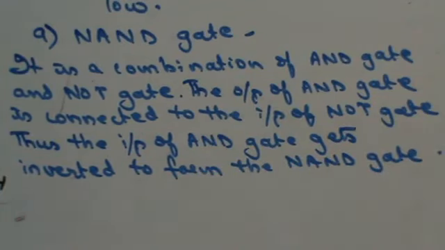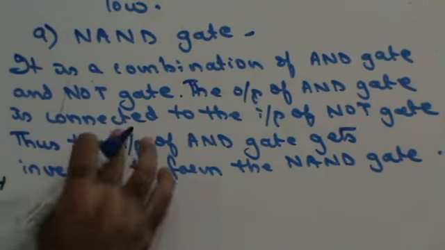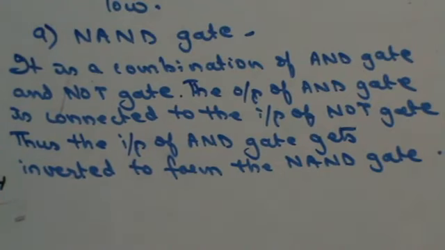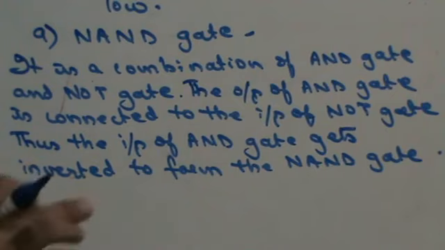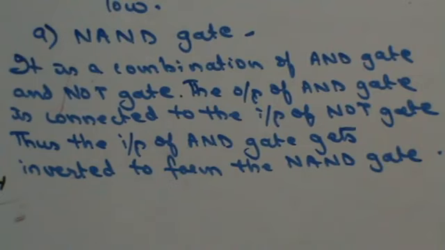Fine. Now, let's see this. How is the NAND gate made? The output of the AND gate is given to the input of the NOT gate. So the NOT gate is inverting this, right?